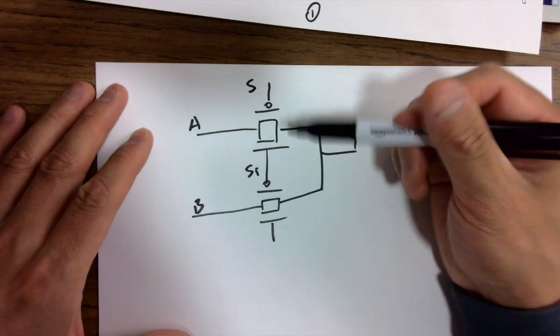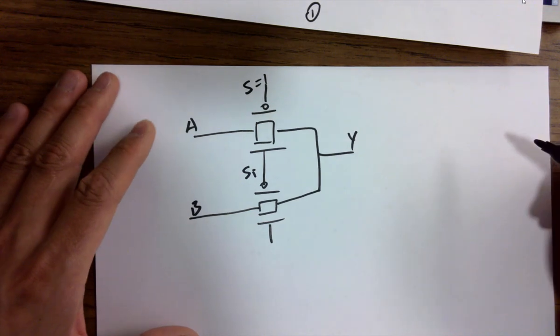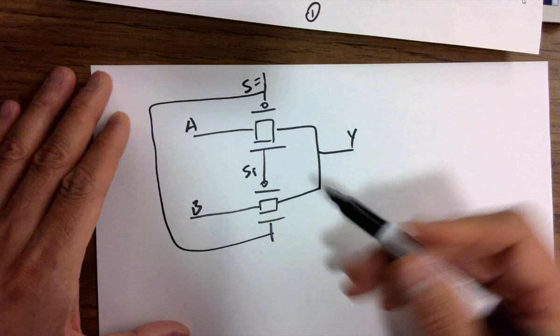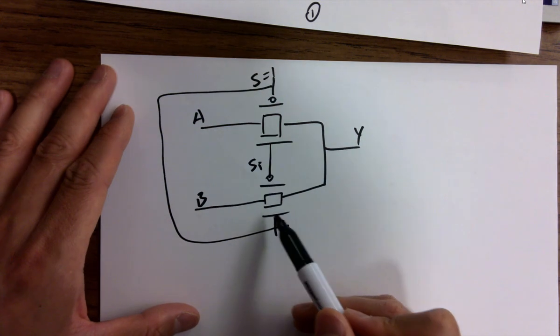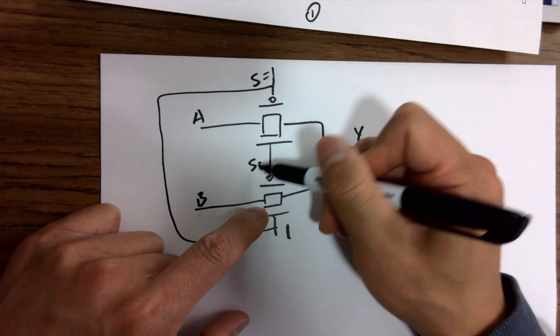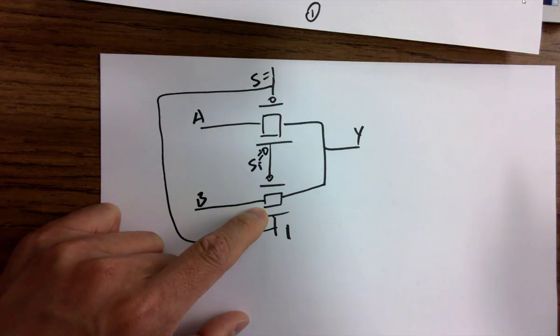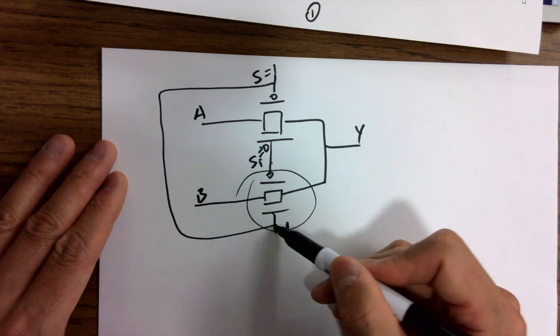If S is 1, this NMOS is on, this NMOS is on, and SI is 0 because S is 1, so SI must be 0, right? So this one will be on because PMOS is getting a 0 and NMOS is getting a 1.